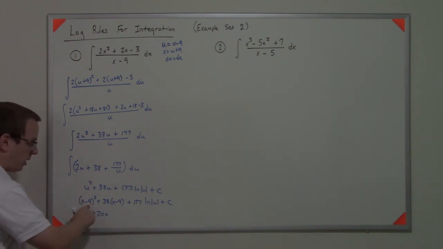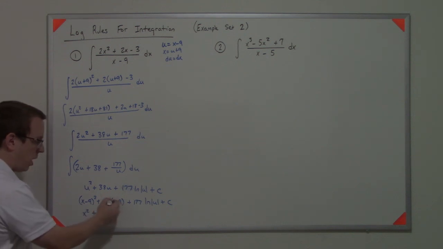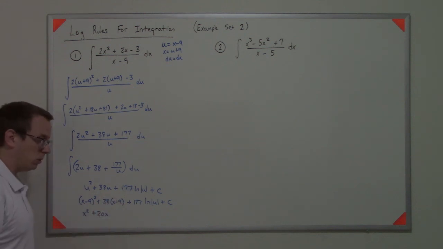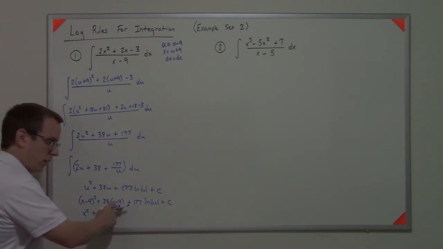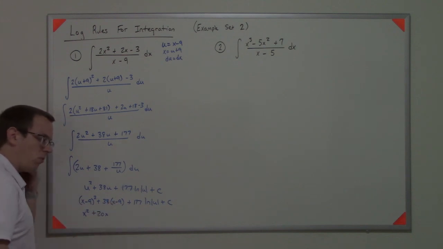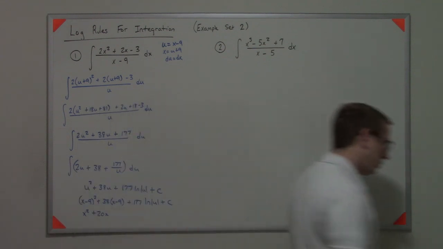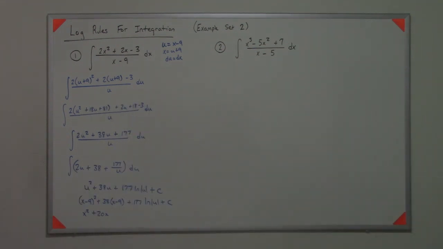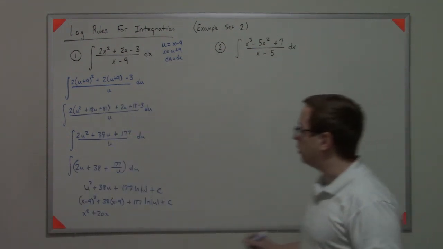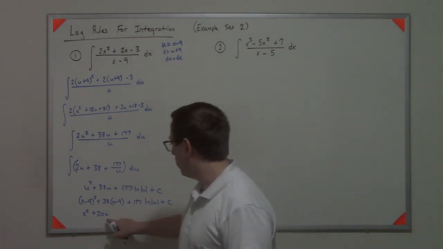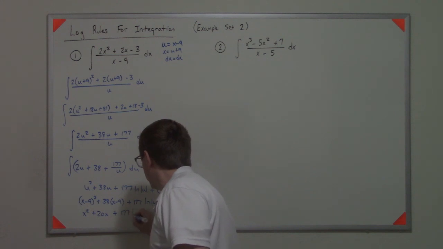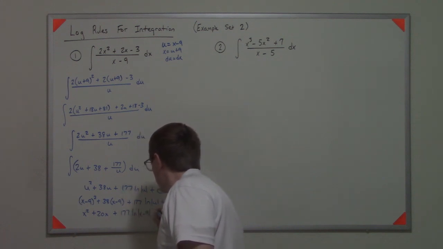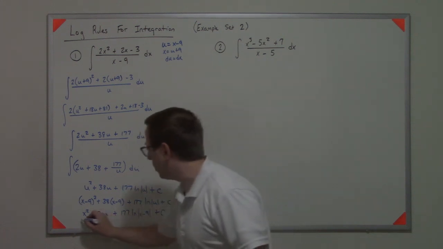And then I get plus 81 minus 270, minus 312 plus 81. Alright, so this is kind of the neat part, so I'm going to point this out here.